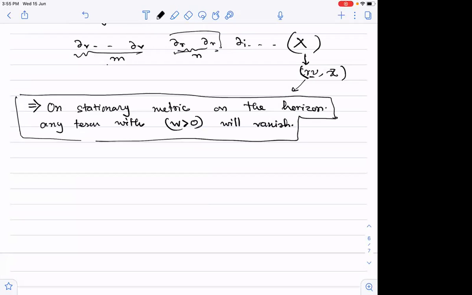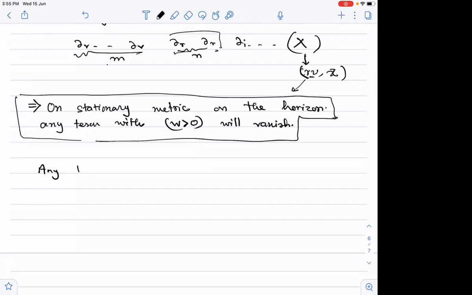But this is what has been used to prove the first and second law as well, because this means that positive boost weight terms, away from stationarity, are always dynamical. And a product of two terms, both with W greater than 0, is quadratic in the amplitude of the dynamics.